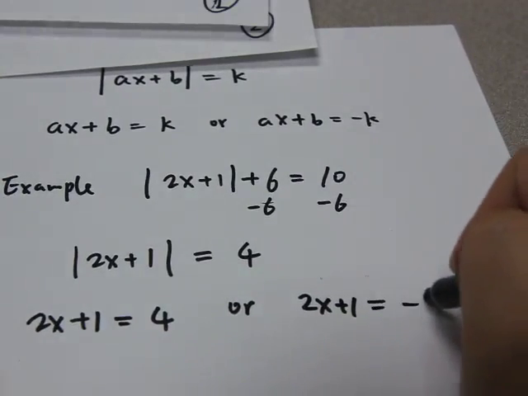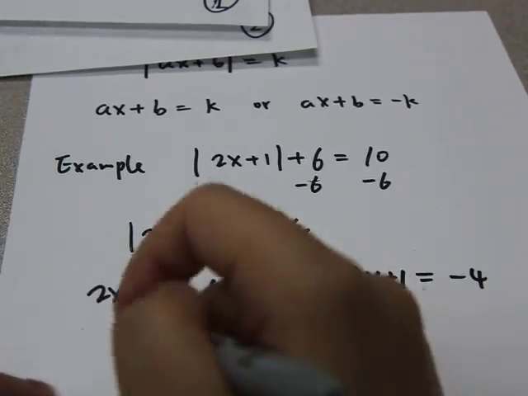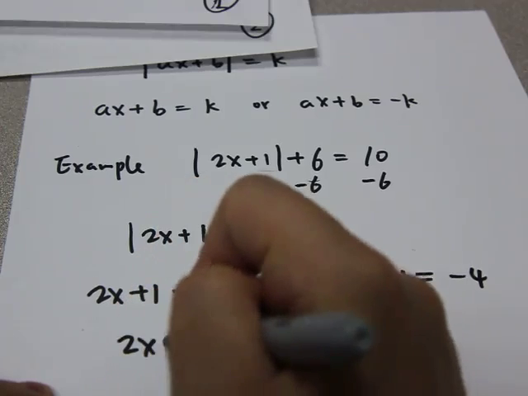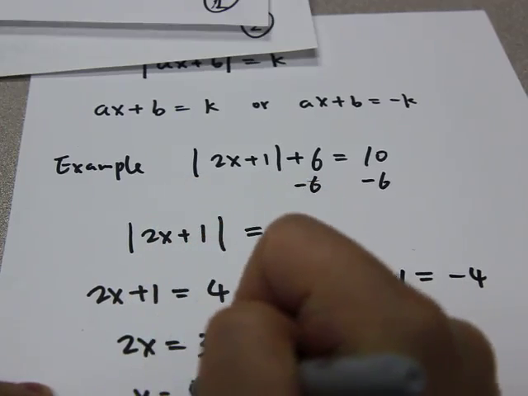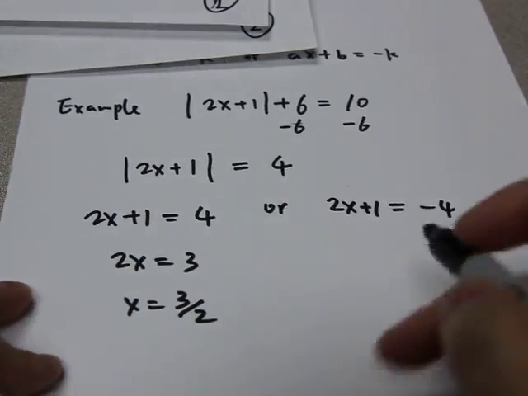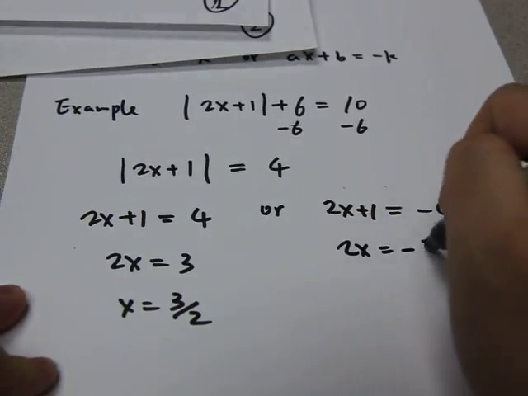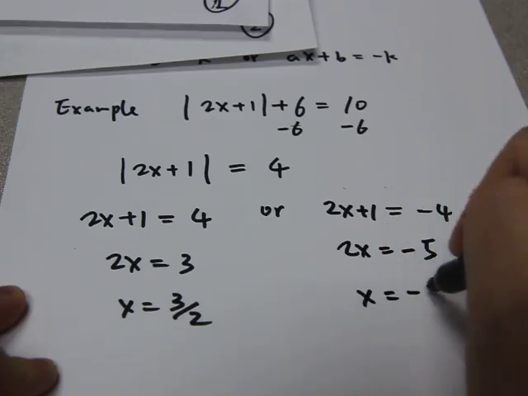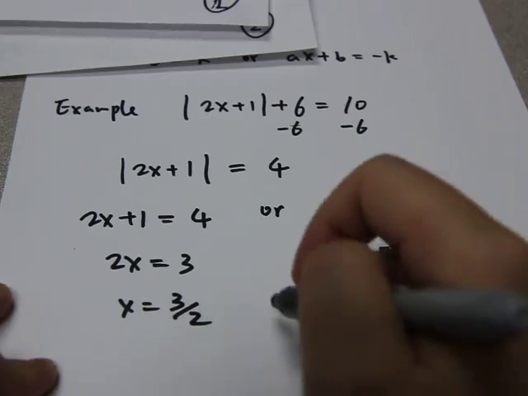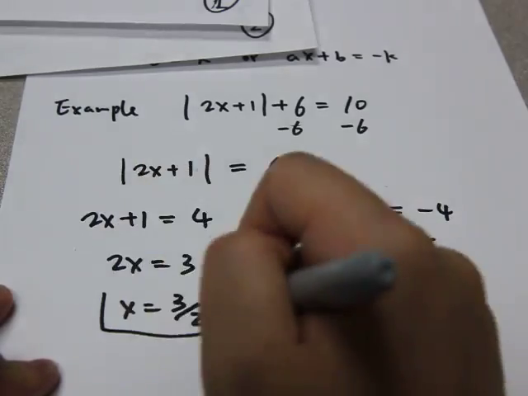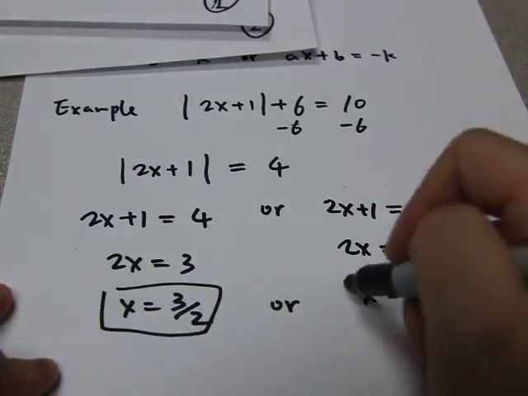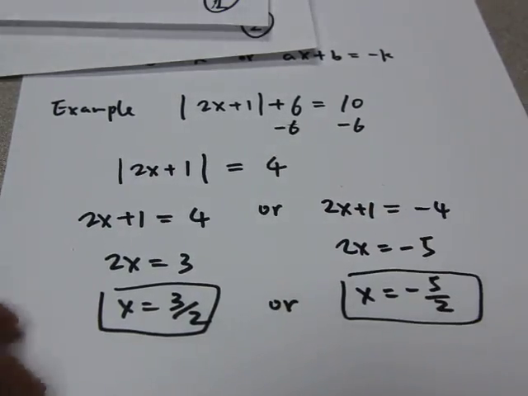So 2x plus 1 equals negative 4. So therefore, we can find these two solutions: x equals 3 over 2 or x equals negative 5 over 2.